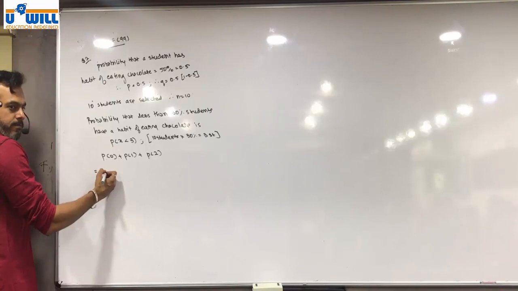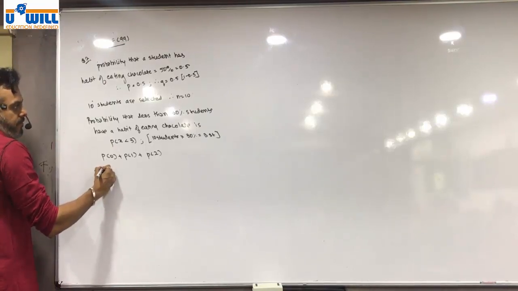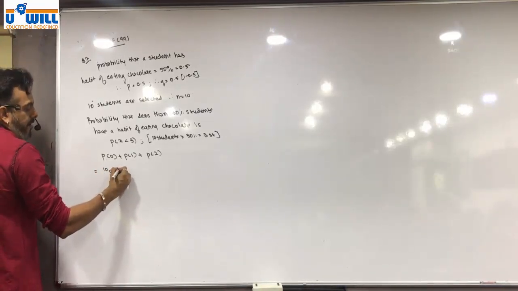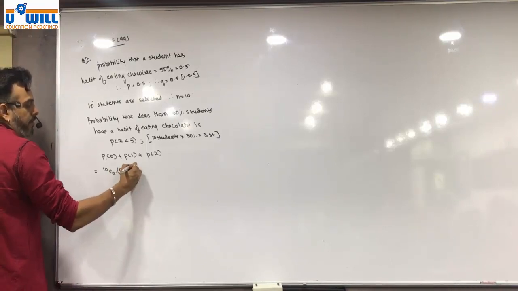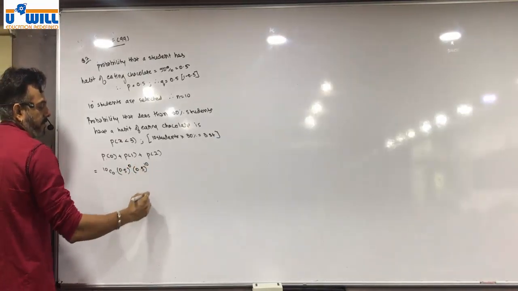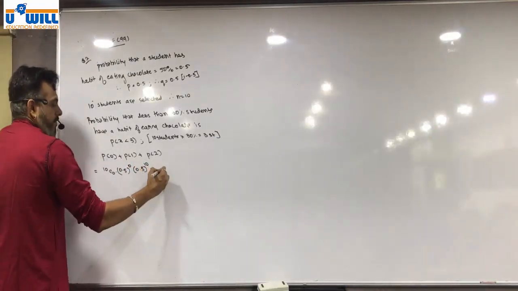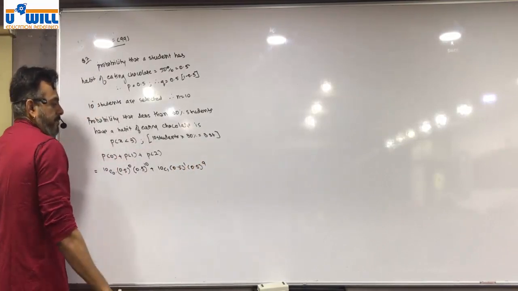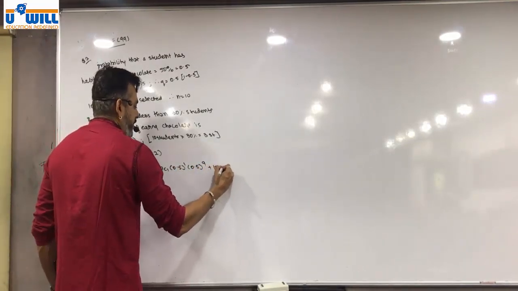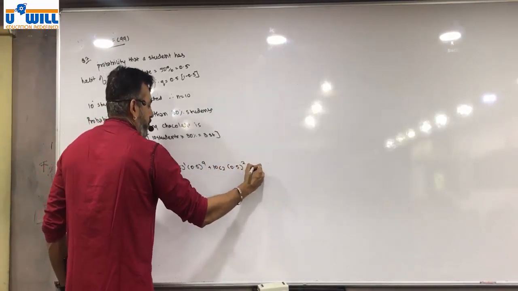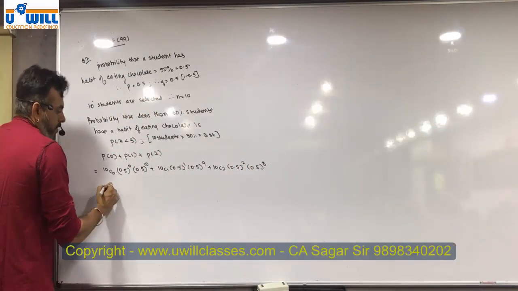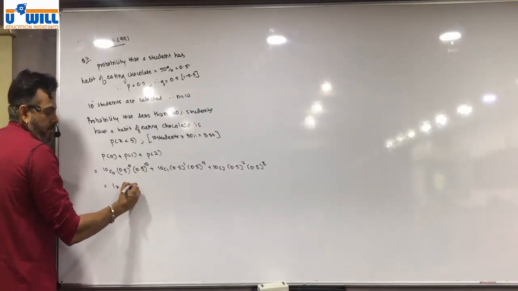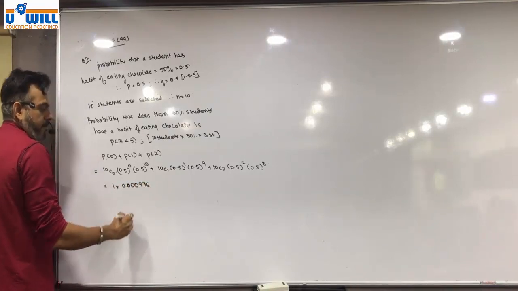we'll use binomial. So n is 10C0 into 0.5 raised to 0 and 0.5 raised to 10, plus 10C1, 0.5 raised to 1, 0.5 raised to 9, is of course 10, plus 10C2, 0.5 raised to 2, 0.5 raised to 8, which is equal to 1 into 0.5 raised to 10, how much is that? 0.000976.